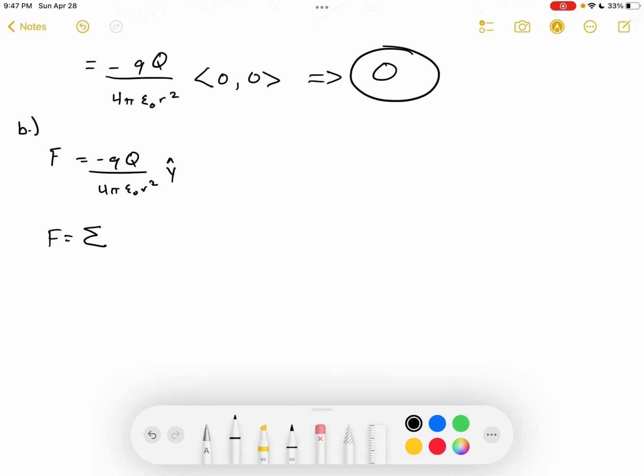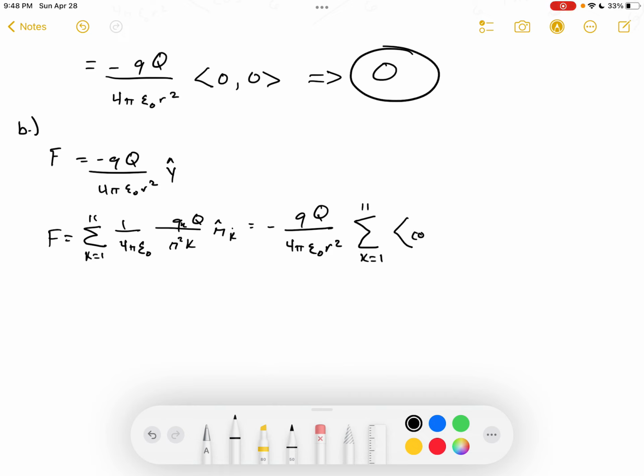So we use that equation: 1 over 4 pi epsilon naught, sum over k, which equals negative q big Q over 4 pi epsilon naught r squared, sum of 11 k, cosine of k minus 3 pi over 6, sine of k minus 3 pi over 6.